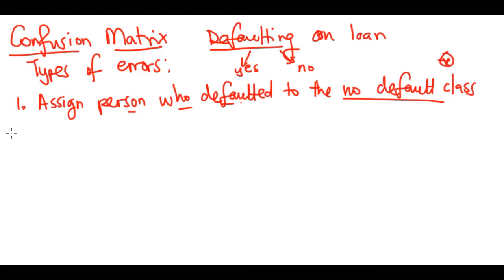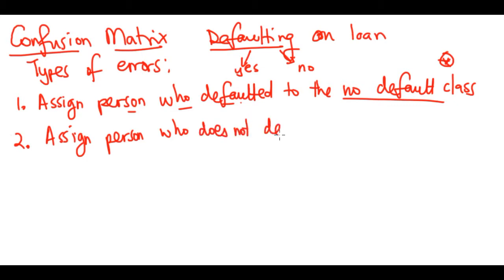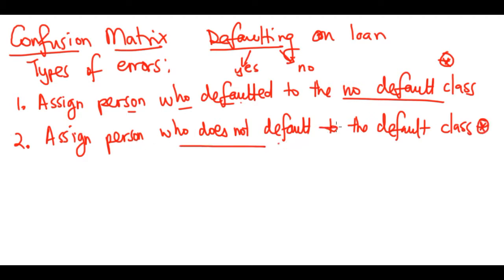And then error number two, let's say our prediction assigns a person who does not default to the default class. Our classifier has made an error again, because this person did not default, but our predictor said they defaulted.